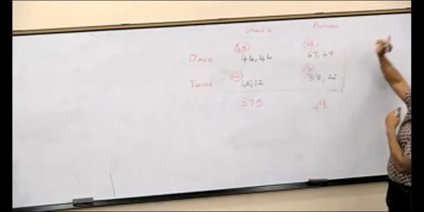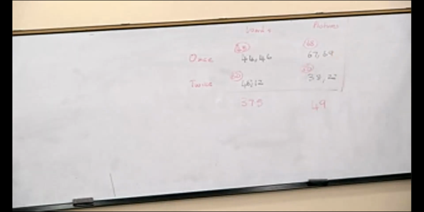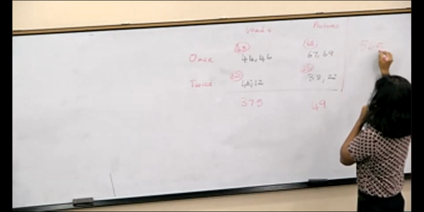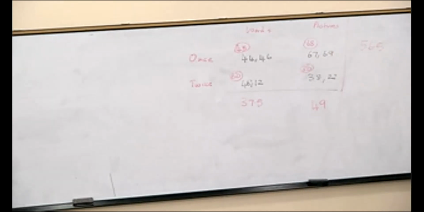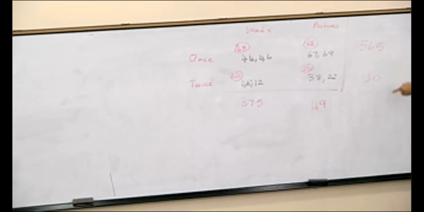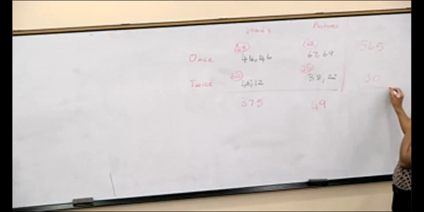Good. So let's add this. Mean is 56.5. Okay. And over there, shouldn't it be 30? And is it 56 and a half? Yes.